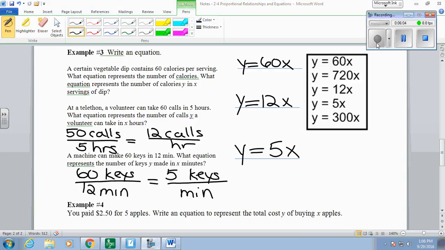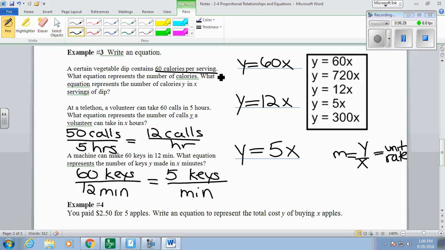Okay, so going back to what we've talked about already, we talked about that y divided by x is the same thing as our unit rate, which is also the same thing as our m. All 3 of these things are the same. So number 1, when they tell us a certain vegetable dip contains 60 calories per serving, they're giving you a unit rate right there.